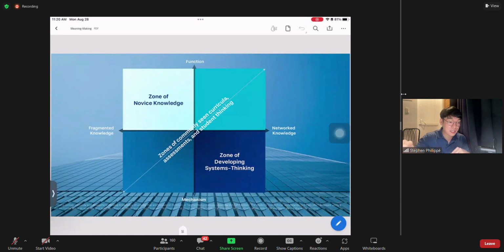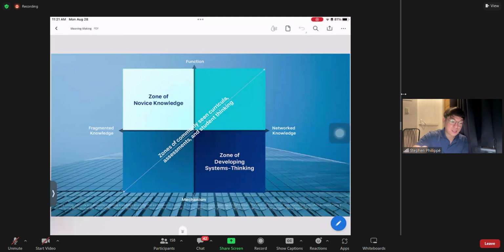And this is just the overall arcing principles of a typical biology curriculum. So in this portion, we want the zone of developing systems thinking. The zones found in this are color blue all in all.